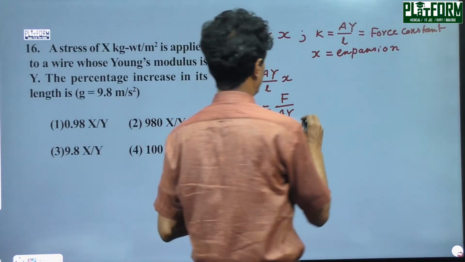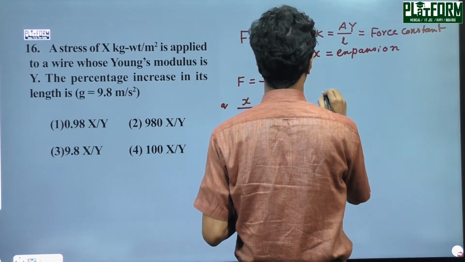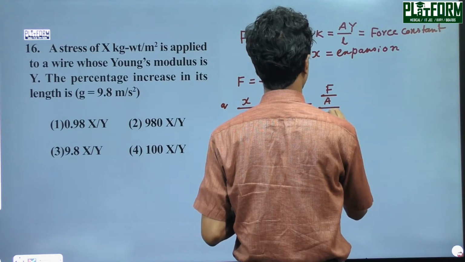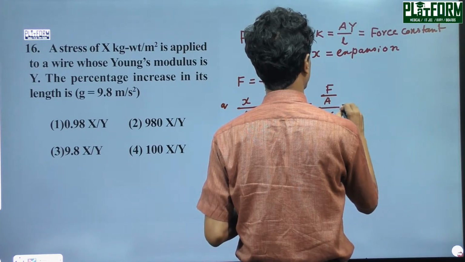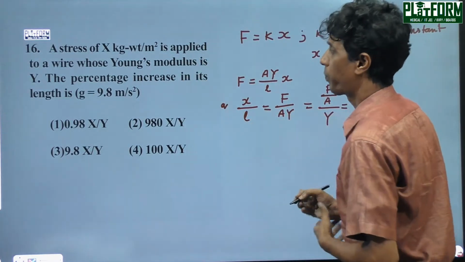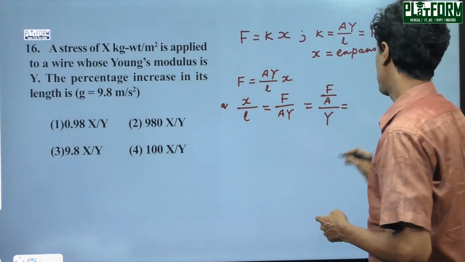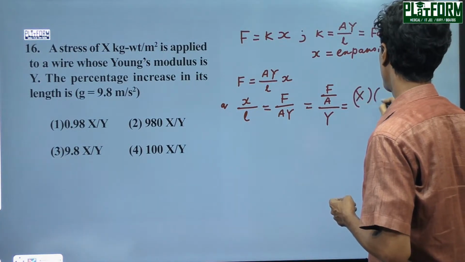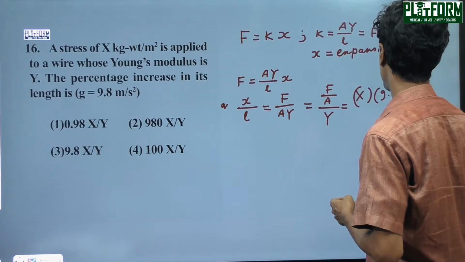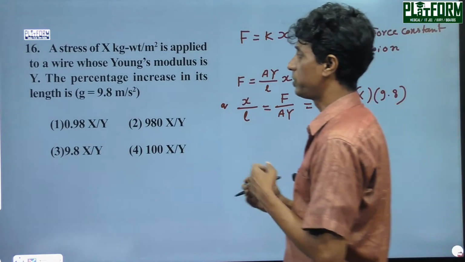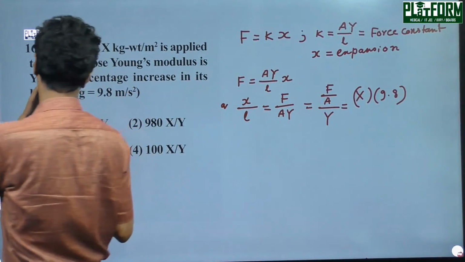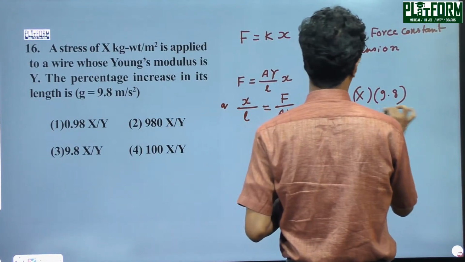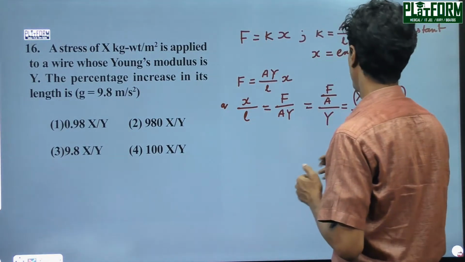And here F by A is the stress and it is y. Stress given in the problem is equal to x kg weight per meter square. So x into 9.8. The value of g here is taken as 9.8 meter per second square, and it has already been given in the problem. And Young modulus is y.